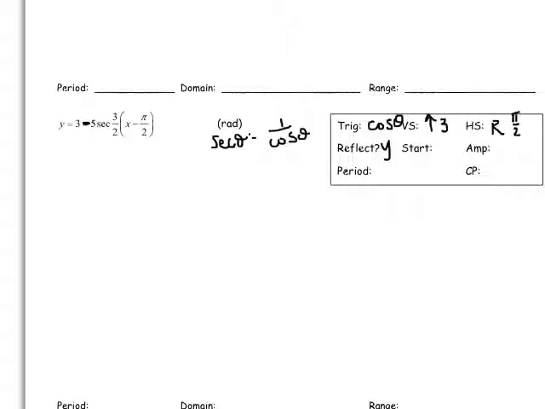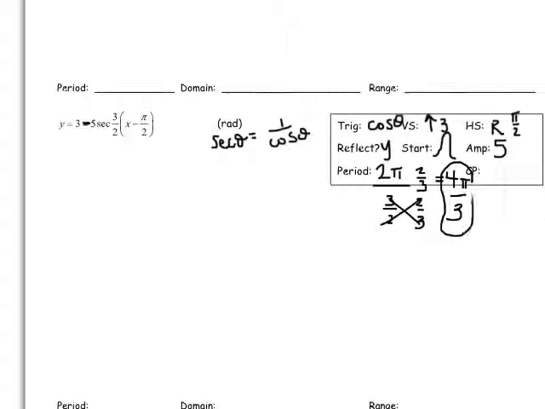So cosine that normally starts up is going to actually start down this time. My amplitude is 5, and my period is going to be 2π over 3/2. So I'm going to reciprocal that, 2 over 3, and I get 4π/3.